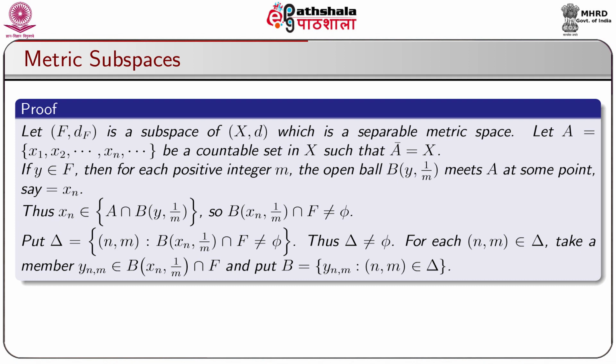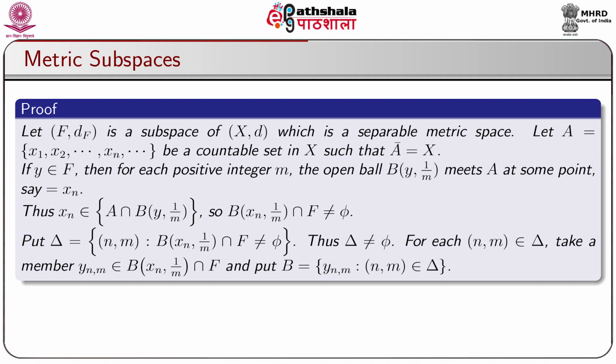So B(xn, 1/m) intersection F is non-empty, that is, the open ball centered at xn with radius 1/m meets F. Put capital delta equal to the set of all pairs (n, m) such that B(xn, 1/m) intersection F is non-empty.